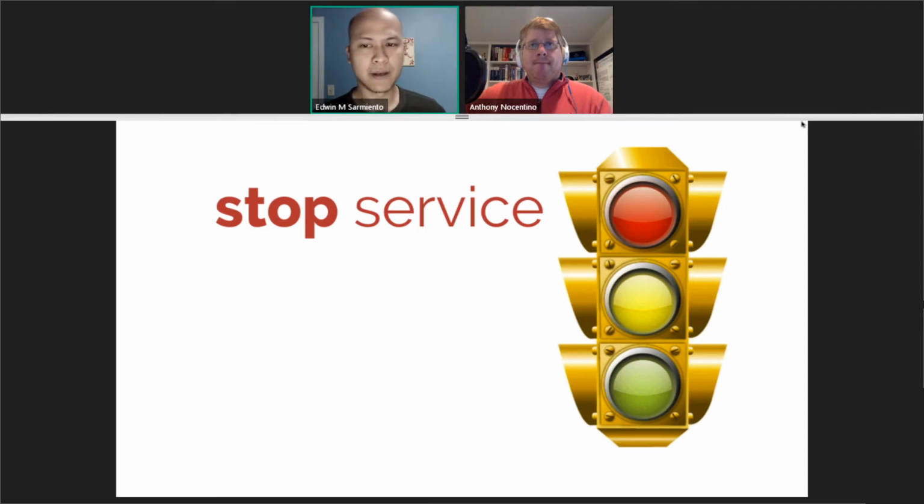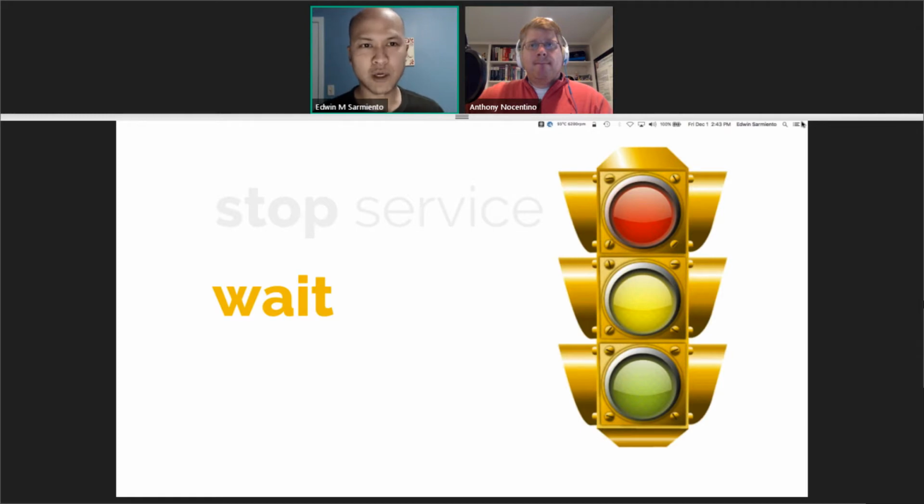The second part, the yellow light there, means wait. Now, of course, depending on where you come from, where you live, yellow might mean something else. From where I come from, yellow means go faster. Now, understand that in the context of a failover cluster, the cluster, because it managed to stop the service from one of the nodes that is currently running the workload, has to wait. Wait for what?